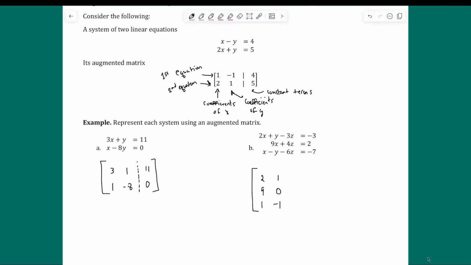For z, we have a negative 3 coefficient for the first equation, 4 for the second equation, and a negative 6. And then we have a negative 3 constant term for the first equation, 2, and a negative 7. When you're writing the augmented matrix, make sure each equation is in standard form. All right, so that's how you write the augmented matrix for these 2 systems.